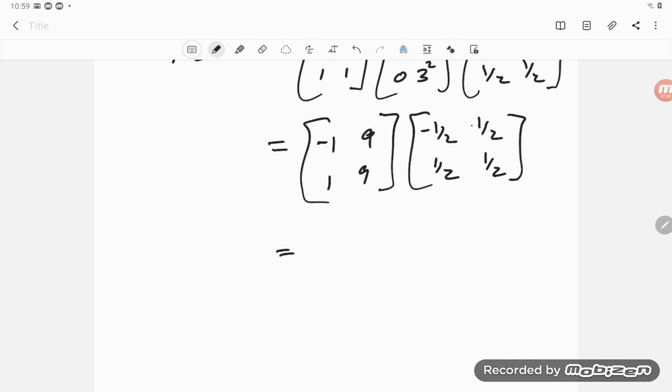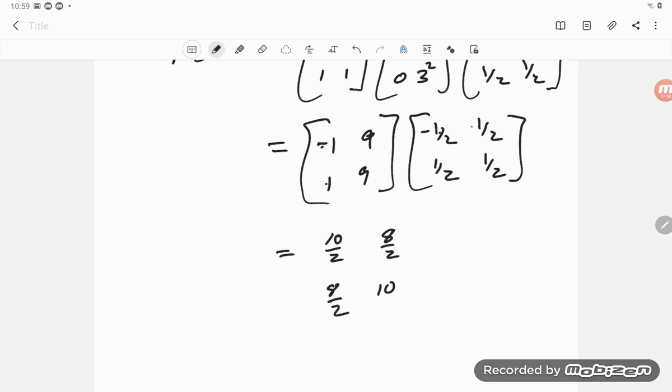And so now I get plus 1/2, and then plus 9 halves, that's 10 halves. So I get 10 halves, which is 5. Then I'll get 8 halves here, which is 4. And minus 8, yeah, 8 halves.